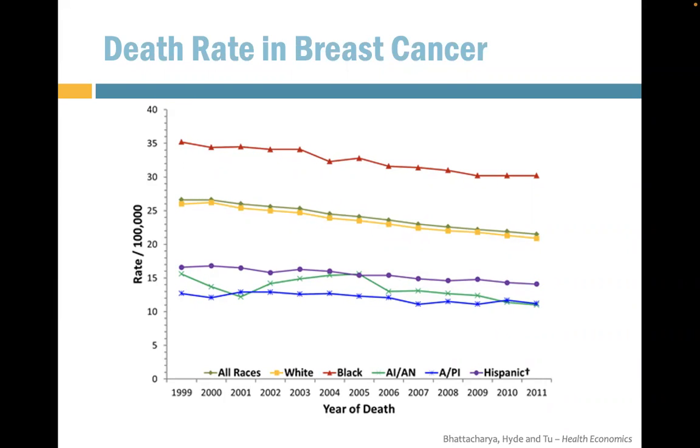We can see an obvious trend of declining death rates in breast cancer over time. This could be due to better technology and better access to healthcare. But the gap between different races persists over time.